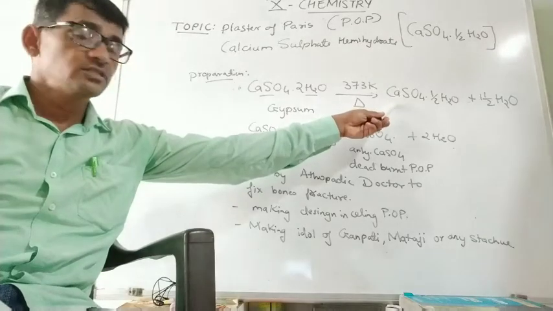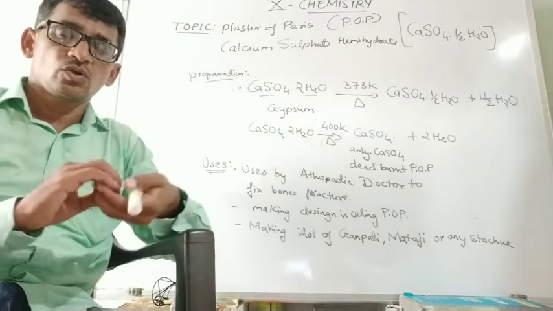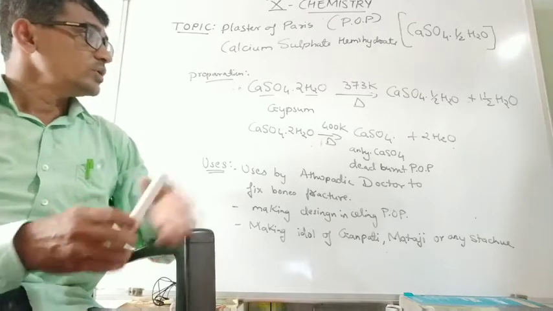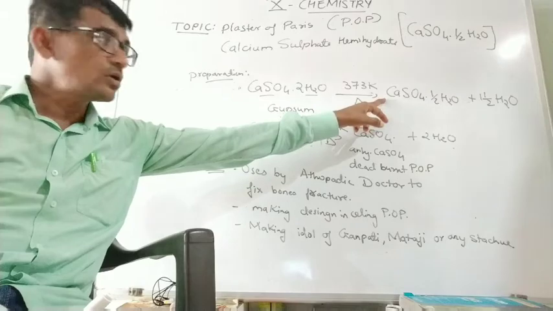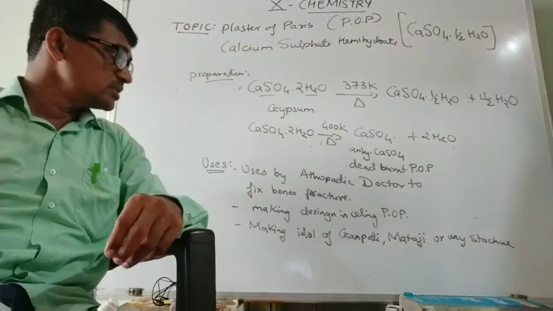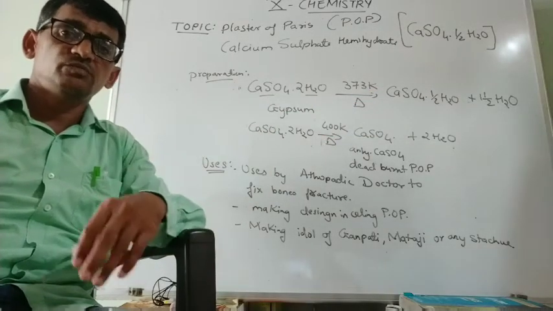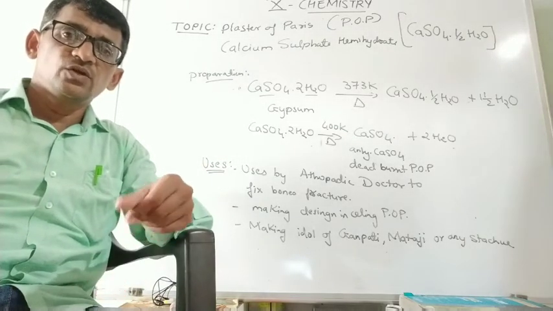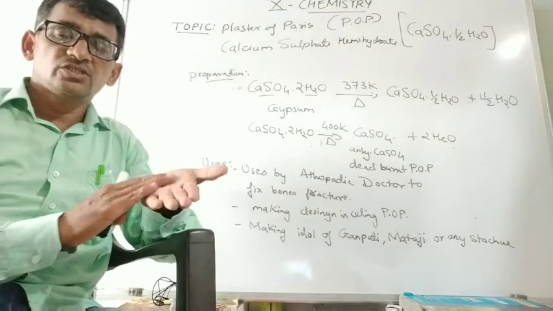Here in the first case, CaSO4·½H2O, strength is obtained just like cement. When water is mixed with this POP material, within 10 to 15 minutes its strength is obtained.